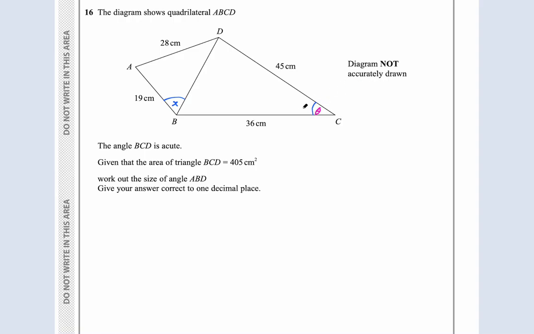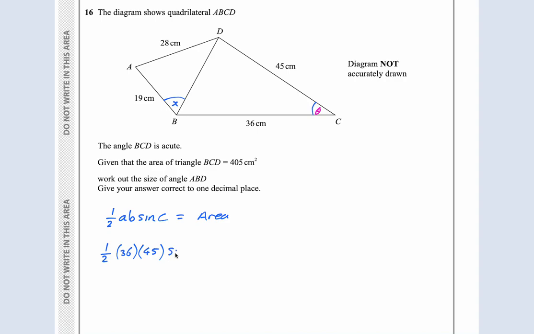Fine, let's get theta first. I'm going to get it using this area formula. It's a half ab sine C equals area. That's the formula. It's in the formula sheet. So I'm going to do a half. a is either of these two sides. Let's go 36. And b is the other one, 45. Doesn't matter which one you choose.